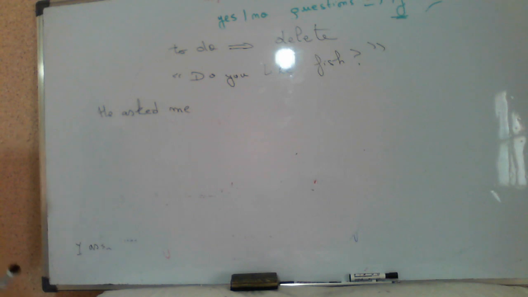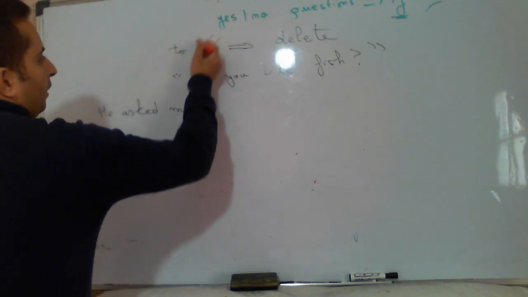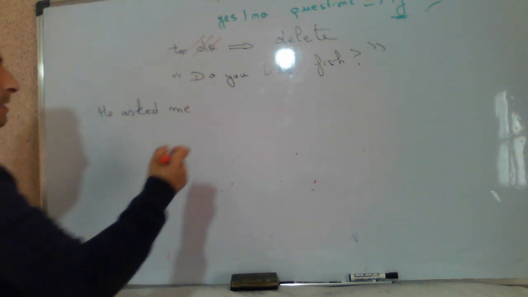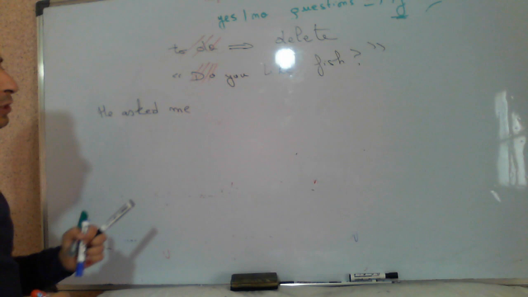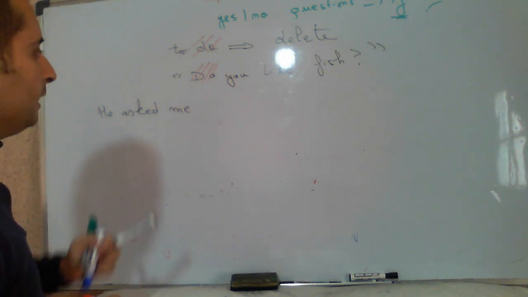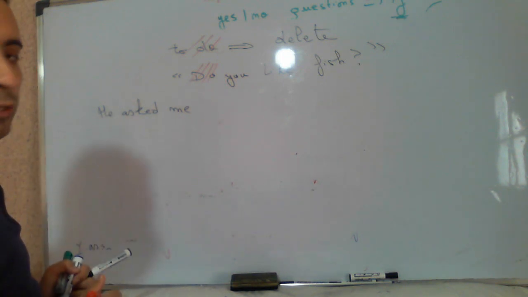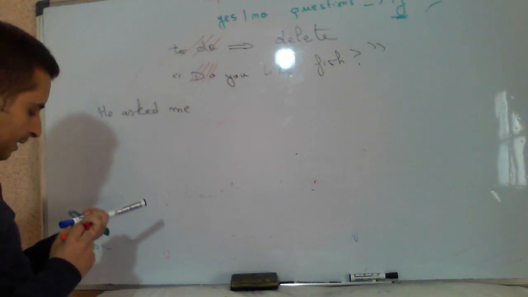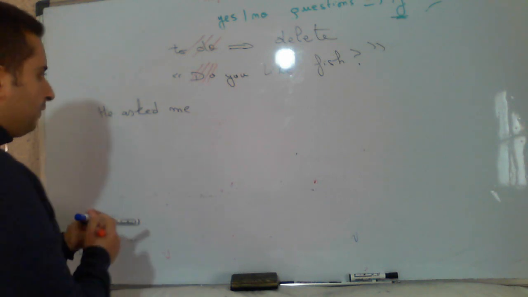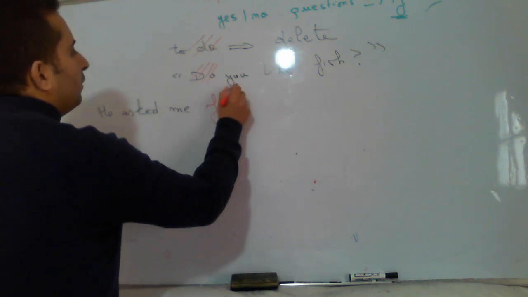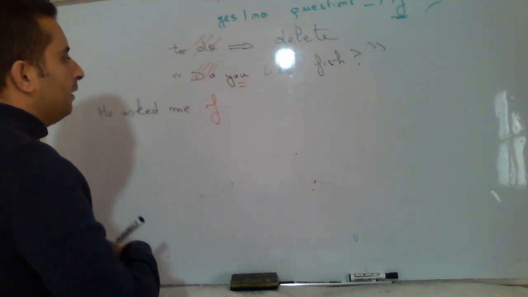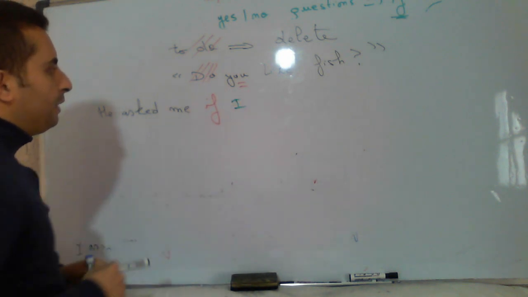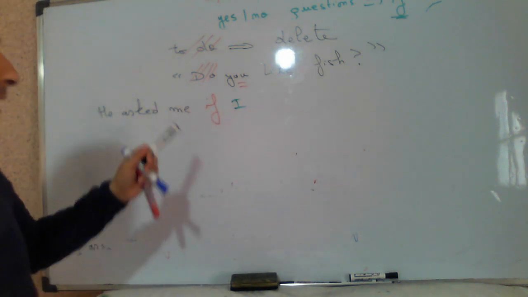Now, when we have do, we do what? We delete it. Do can be in the present or the past. We are going to see the past. So we delete it, but the verb here is going to be in the present. We keep in mind it is present, it's not the past. He asks me if, so you refers to me, so it becomes I. The sentence is present.